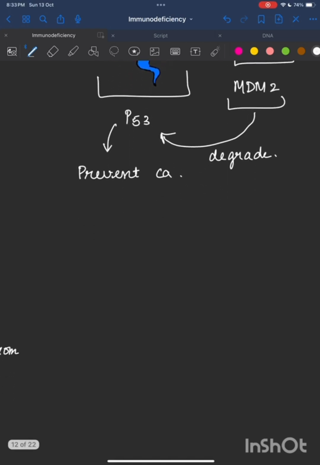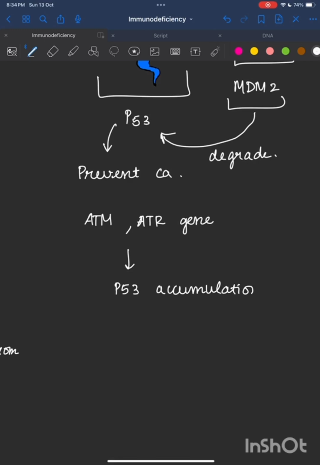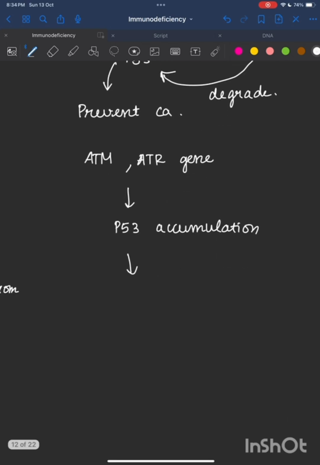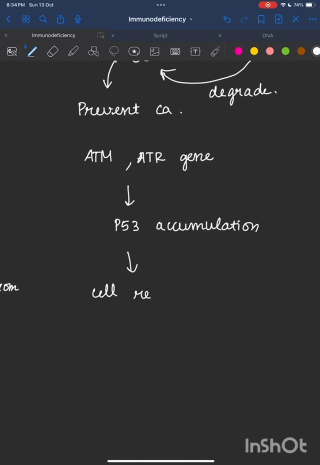So actually, when there is ATM gene, ataxia telangiectasia mutation, and ATR gene, it leads to P53 accumulation. So it leads to cell repair, and if it can't repair, it even leads to apoptosis.